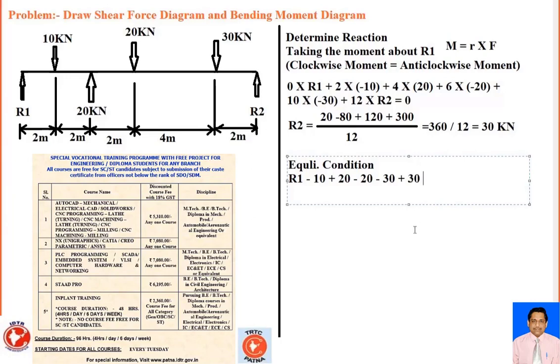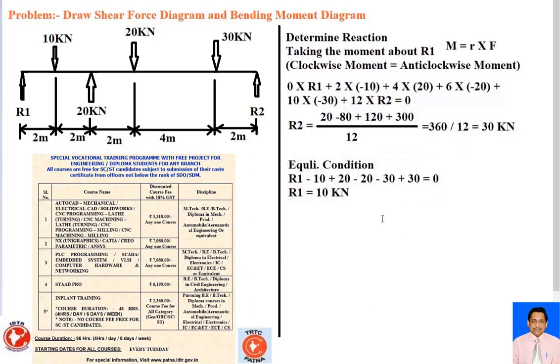R2 value is 30 kilonewton, equal to 0. So R1 equal to 10 kilonewton. So two values you have to compute here, one is R2 and another is R1. So R1 is 10 kilonewton, R2 is equal to 30 kilonewton.